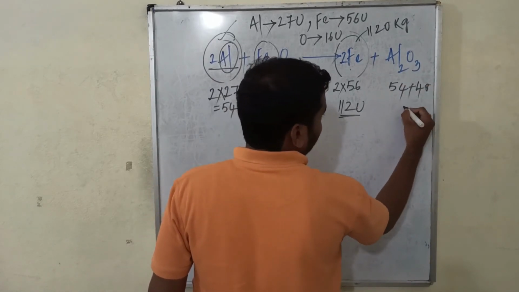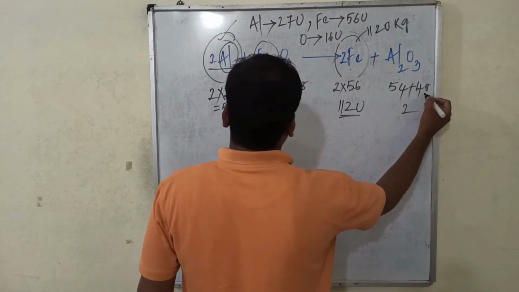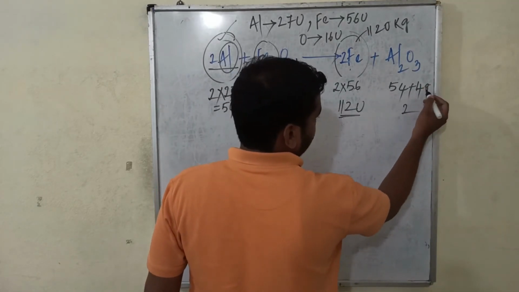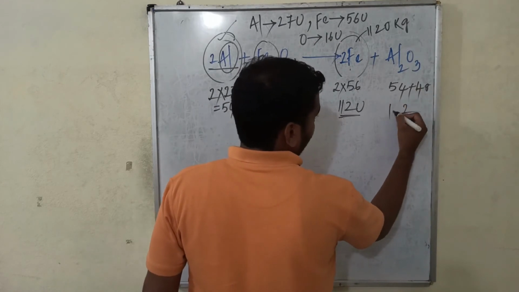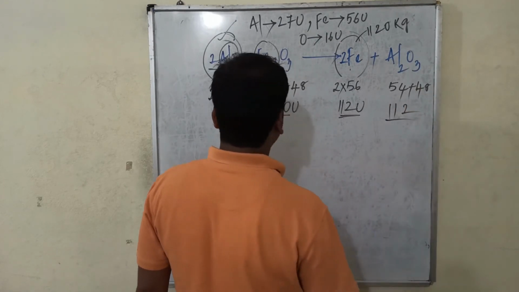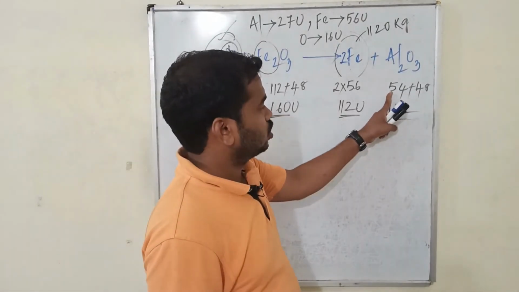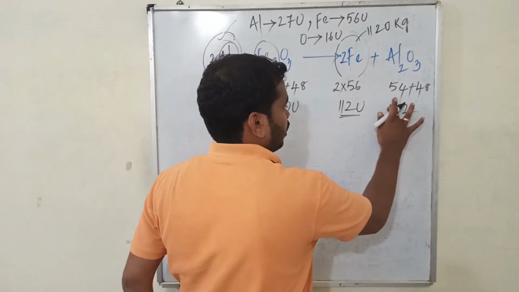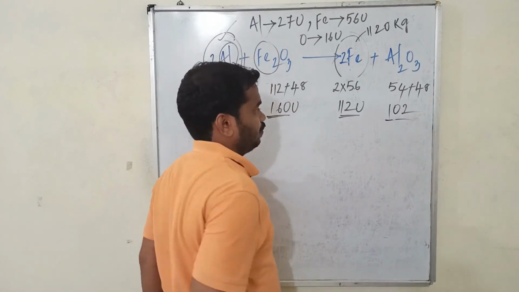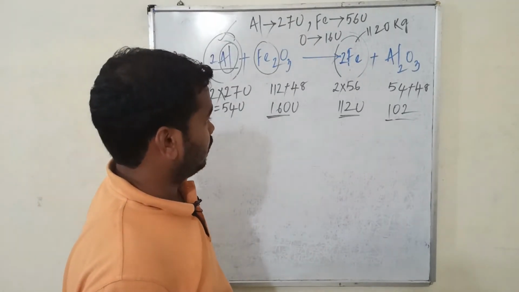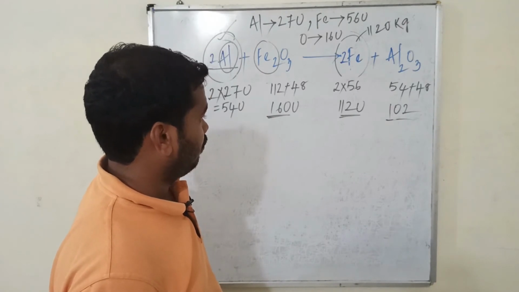And it would go like this: 8 plus 4 12, 6 plus 4 10. Sorry, 1 and 2. Is that right? 102.